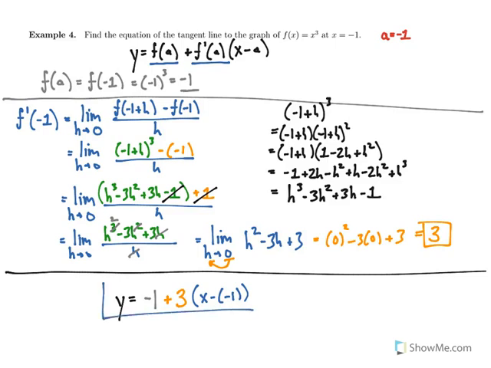And that's our answer. We could simplify this. We could write this as y equals negative 1 plus 3 times x plus 1. We could put this in slope-intercept form if you so wish. We could write this as 3x plus 2. But we have no need to do that. We can just leave it in point slope form.